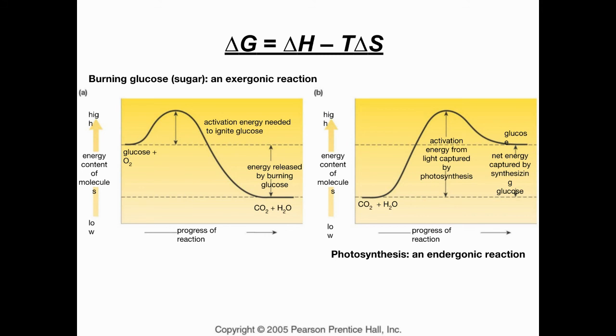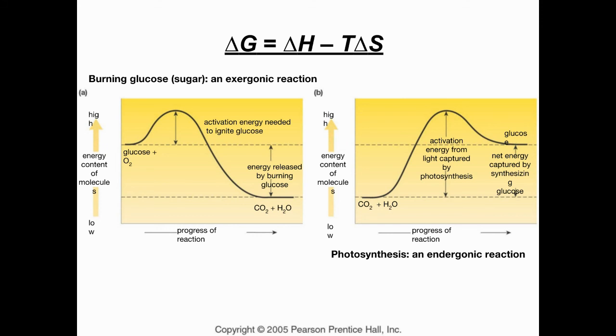In this case, delta G is going to be less than 0. Therefore, this has free energy. Can this reaction happen spontaneously? Absolutely, right? It's considered an exergonic reaction, and it is spontaneous.